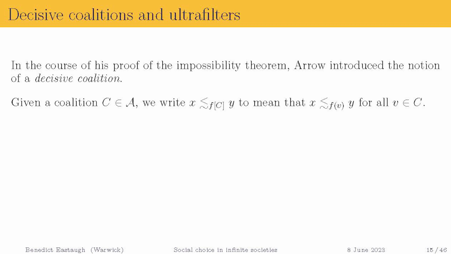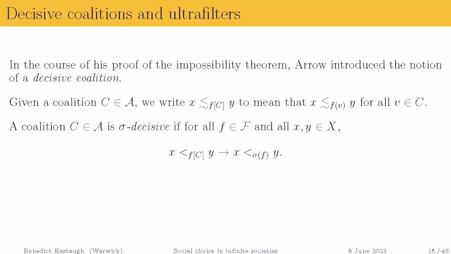So, some more notation: given some coalition C, we write F restricted to C, with a square bracket C after the profile F, to mean everyone in that coalition prefers X to Y, possibly non-strictly. And then a coalition C is sigma-decisive, where sigma is a social welfare function, just in case for any profile F and any pair of alternatives X and Y, if everyone in the coalition prefers X to Y strictly, then so does the social welfare function.